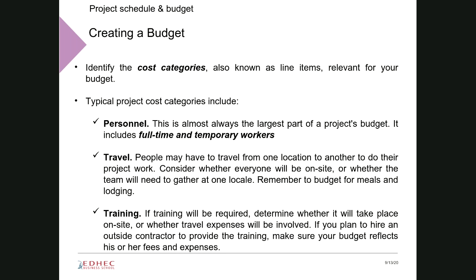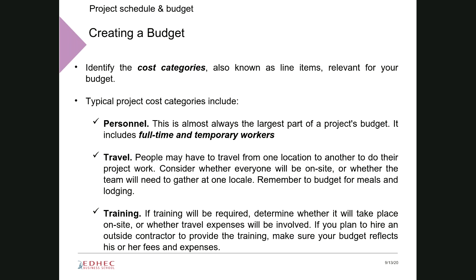So what kind of cost categories might be involved in a project? Personnel, so HR, human resources, for sure. Travel, if your team has to travel during the project from one site to another or to meet with the customer or with suppliers, this has to be integrated into your initial plan.